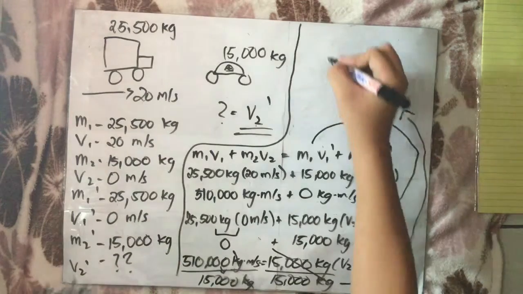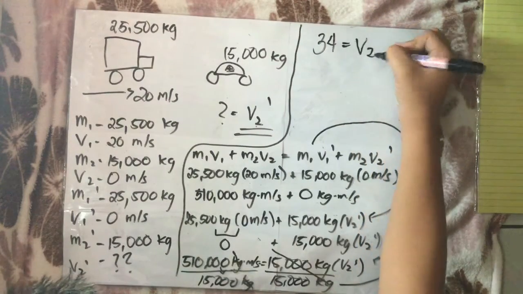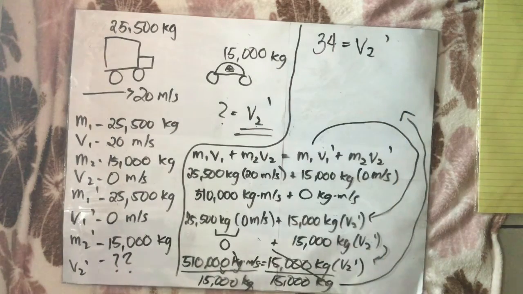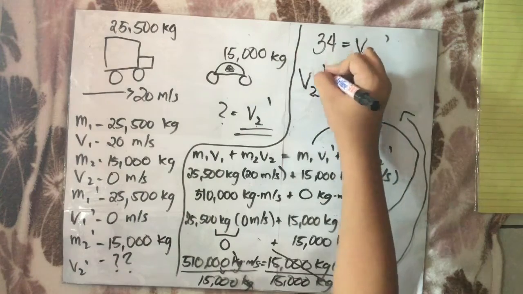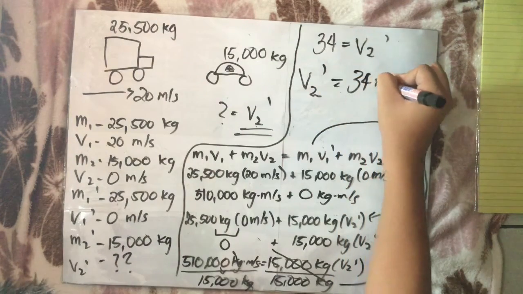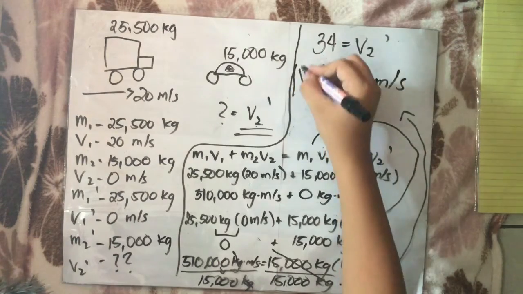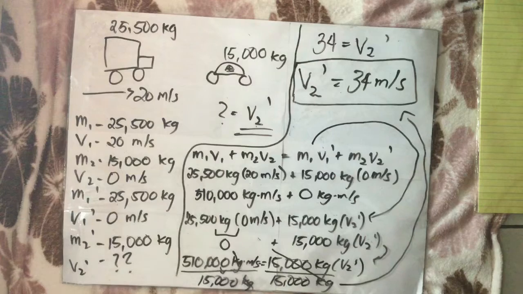So 34 is equal to V2 after, or the velocity of the car after the collision is equal to 34 meters per second. I hope you learned something from this lesson. Thank you and have a good day.